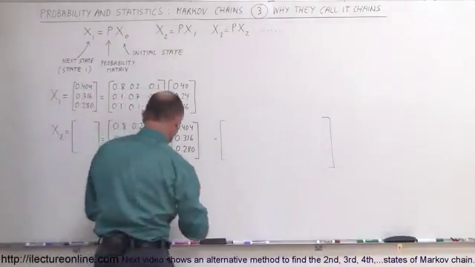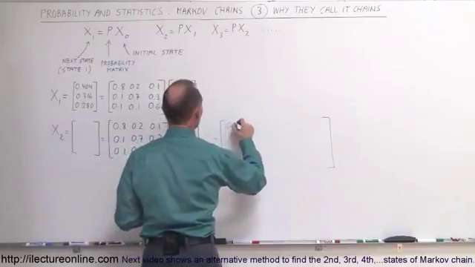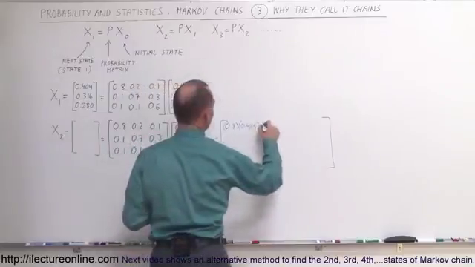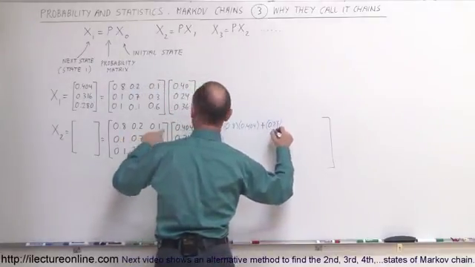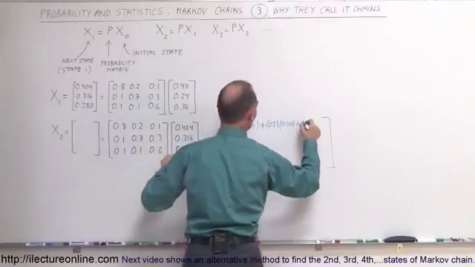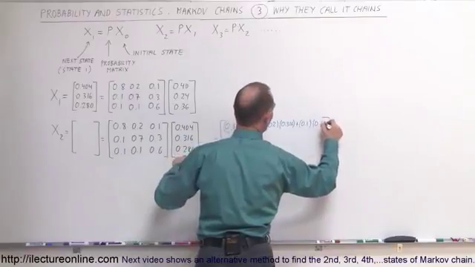So this becomes, and let me show you over here how that's calculated. It's 0.8 times 0.404 plus 0.2 multiplied times 0.316 plus 0.1 multiplied times 0.28.